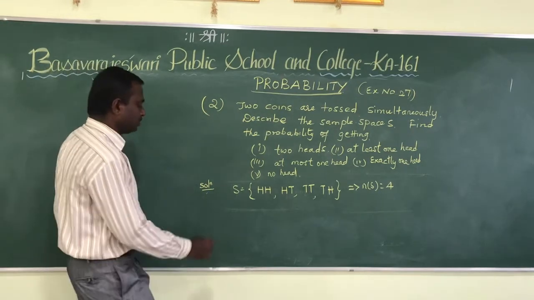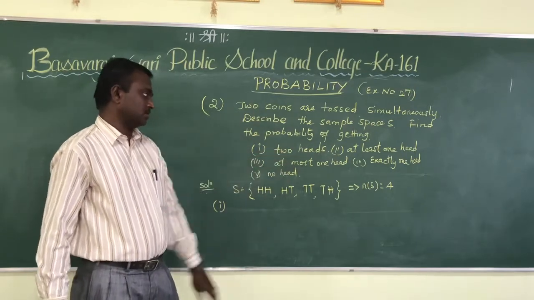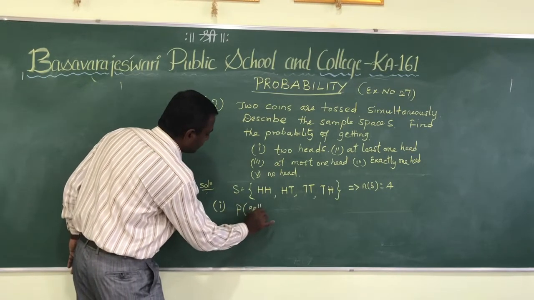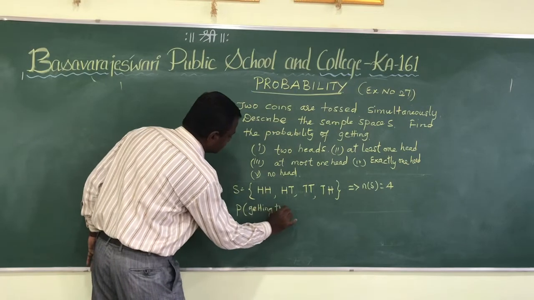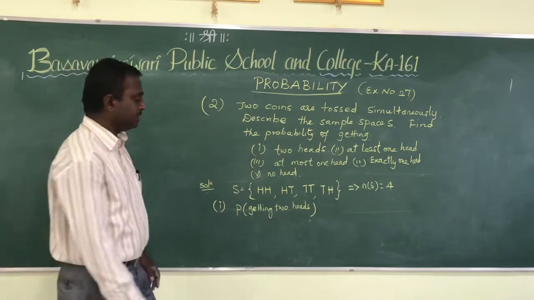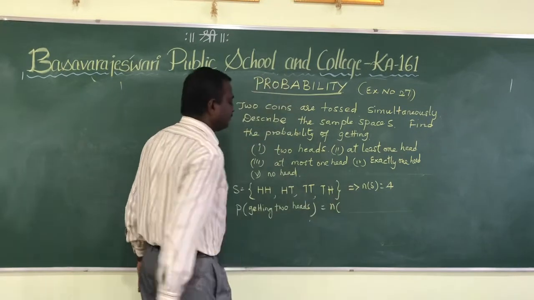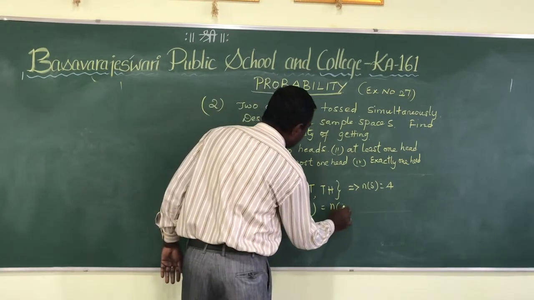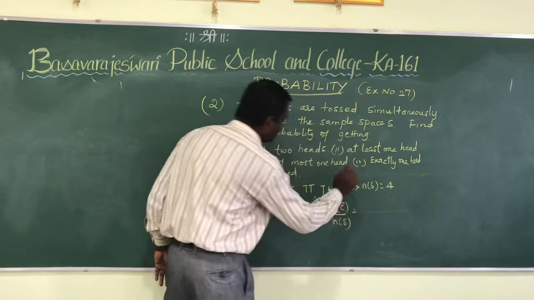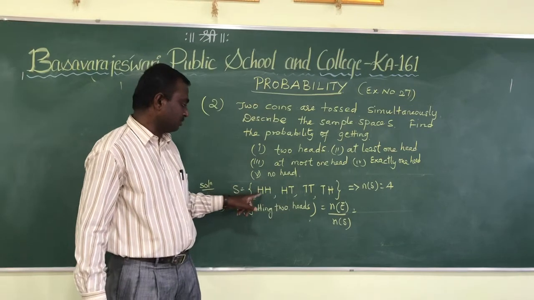Now, what is the first question they are asking us? Two heads. So probability of getting two heads is equal to n of E by n of S. Two heads, how many times did they occur?